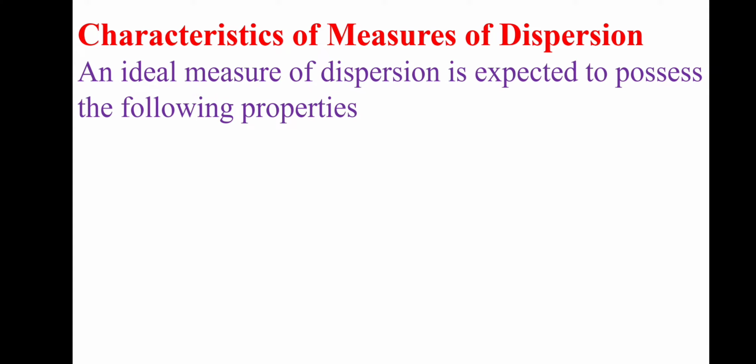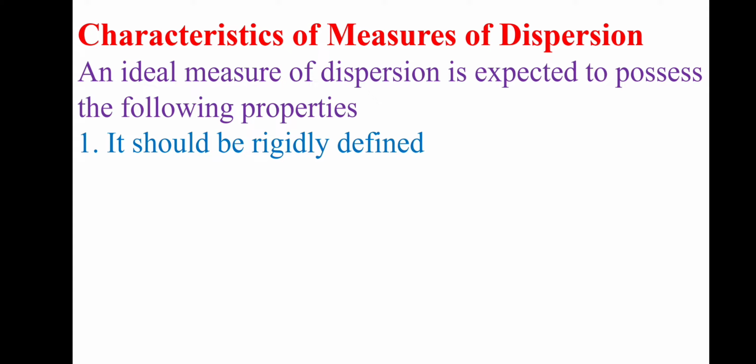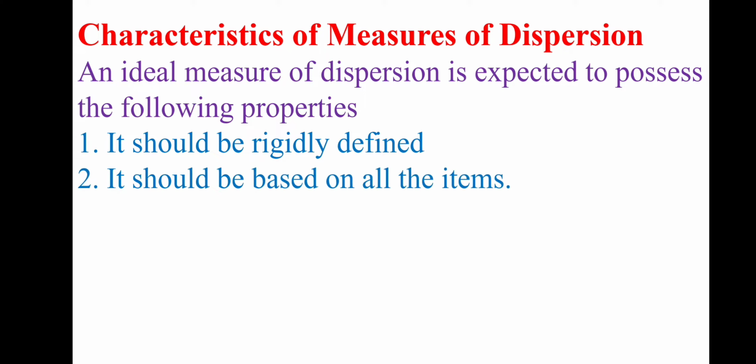Characteristics of dispersion. What are the characteristics that will be followed here? An ideal measure of dispersion is expected to possess the following properties. What are the properties? It should be rigidly defined, that means properly defined. Any information will be expressed numerically, in proper way. It should be based on all the items.